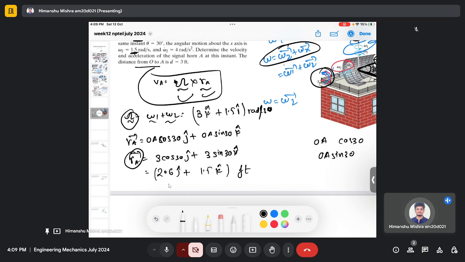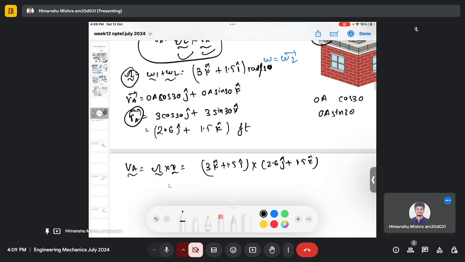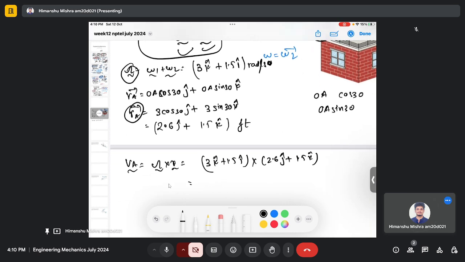So now we have RA, we also have omega. Now we can easily calculate the velocity at point A. It is omega cross R, where omega is 3k plus 1.5 i, crossed with 2.6 j plus 1.5 k. So first 3k cross 2.6 j, so it's 3 multiplied by 2.6, k cross j.